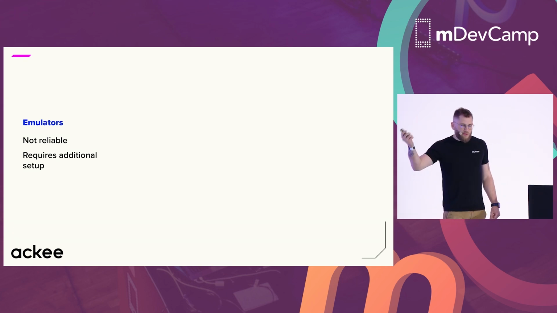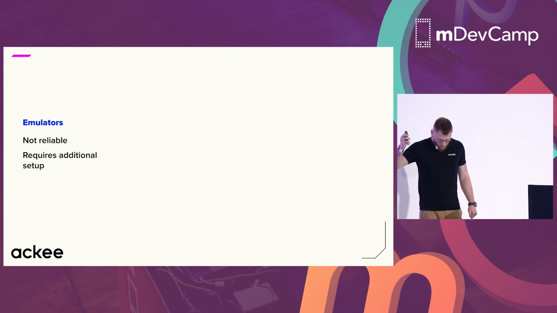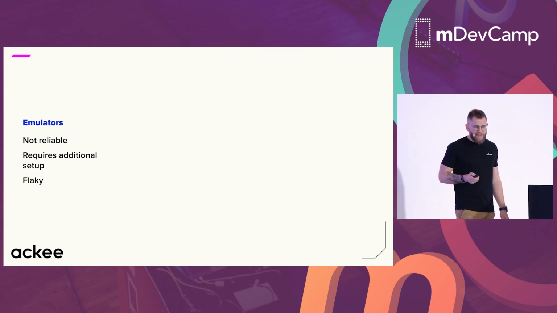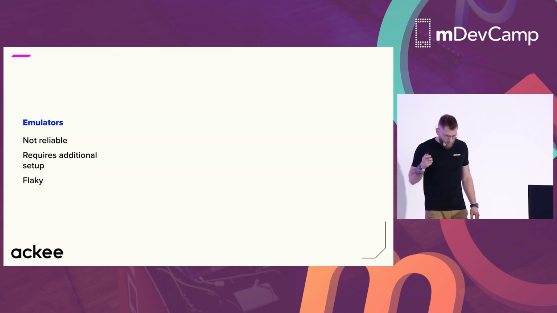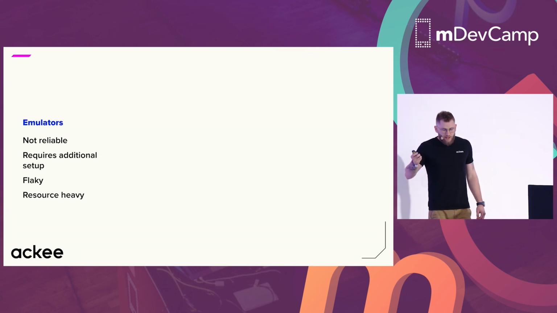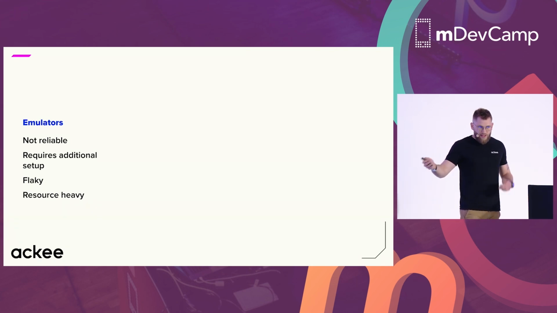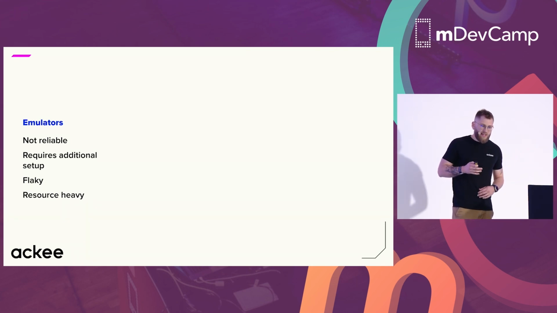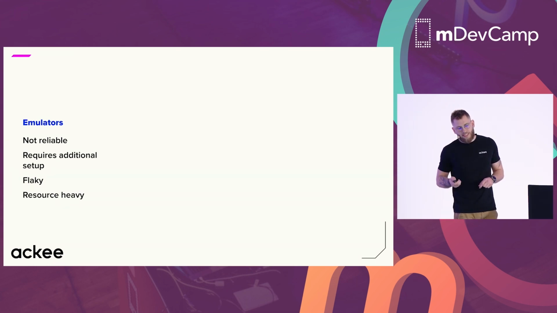And also the emulator may freeze, and your tests will become flaky, and you don't know if it's because your tests are actually failing or because of the emulator. Usually the emulators are resource heavy, and the machines that we run our CI on are not so resource heavy for budgeting purposes.